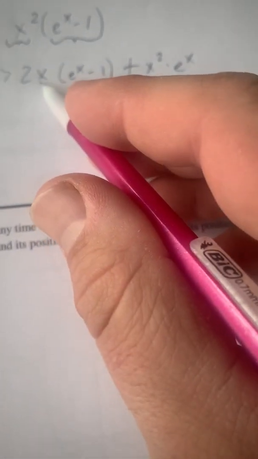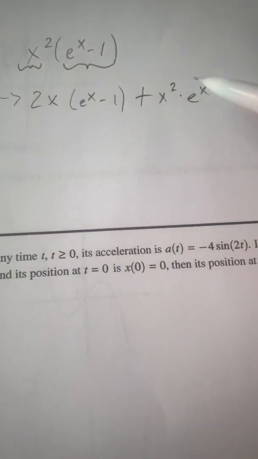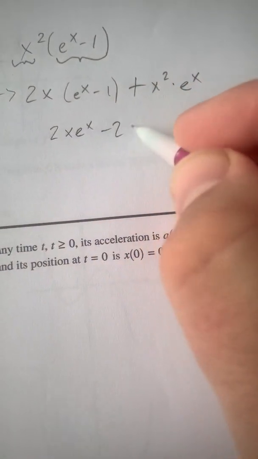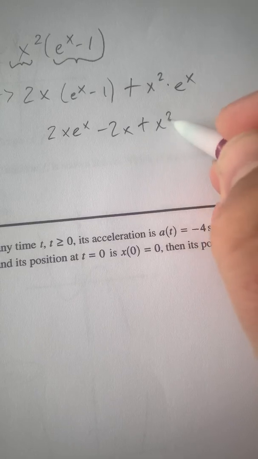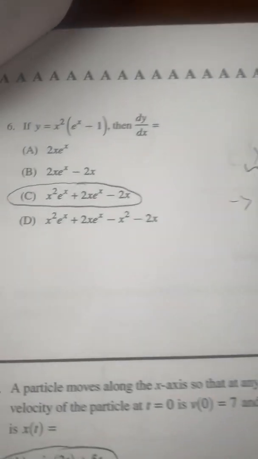If I try to figure out what these guys share, not much. So judging by the looks of the answers, I think maybe I should just distribute here. So I get 2x e to the x minus 2x plus x squared e to the x. And if I look, that's all I have to do. That answer matches C. I just would have to change the order of my terms.